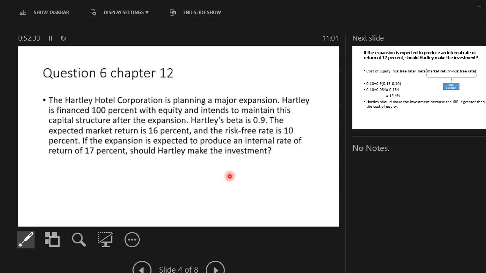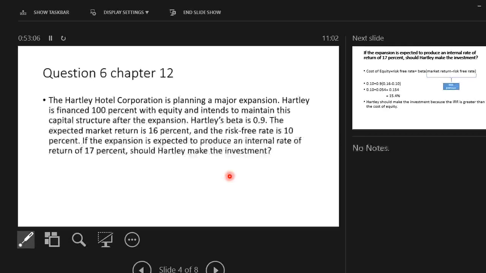The next question, is it Hartley Hotel Corporation? Okay. So for this one, I'm going to explain why you can get a question like this. Remember, especially when it comes to cost of equity, just like I said, you are likely to get a question that has to do with the cost of equity.